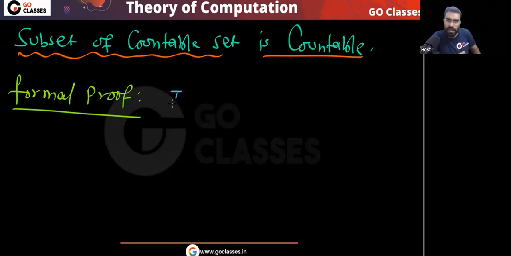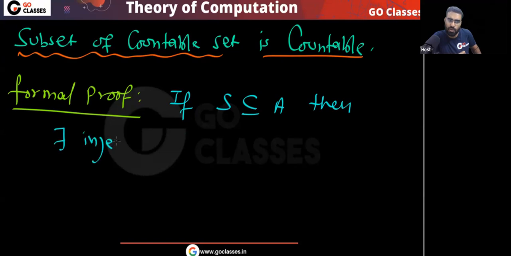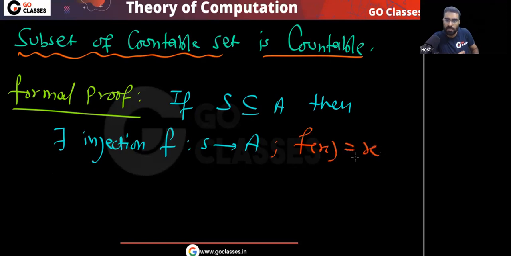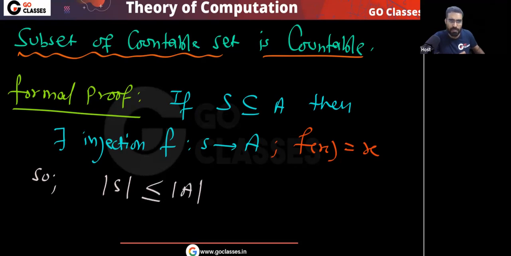If S is a subset of A, then there exists an injective function f from S to A, by the rule f(x) equal to x. So I can say cardinality of S will be less than or equal to cardinality of A. This will always happen.